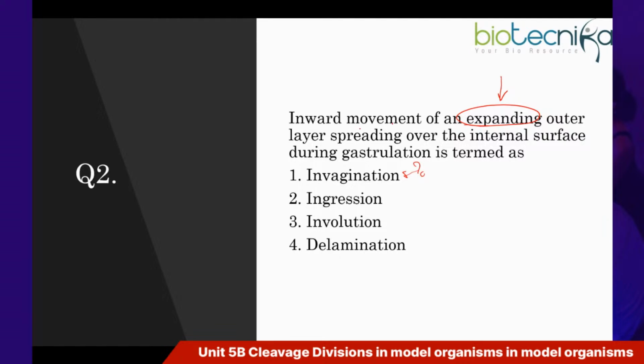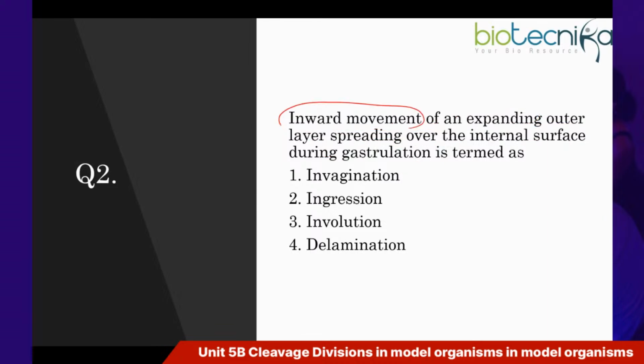Okay. So inward movement of an expanding outer layer spreading over the internal surface. This can mean epiboly also, but what makes it not epiboly? Inward movement. If it was only one layer spreading over the internal surface, then that would mean epiboly. Got it?